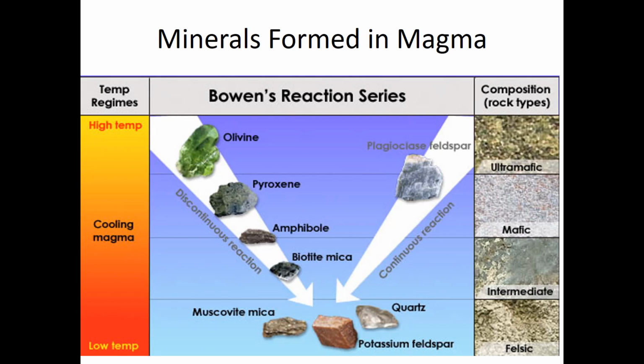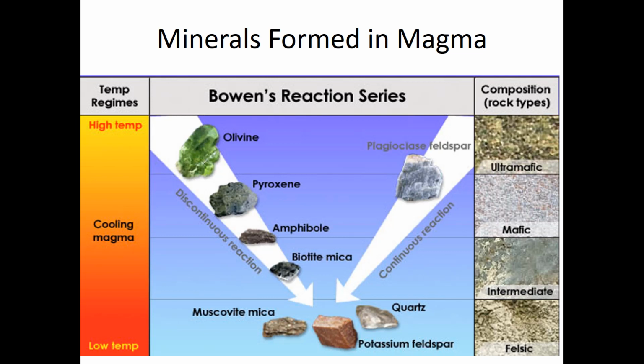And starting with mantle rock, you have minerals that crystallize at high temperatures, like olivine and plagioclase feldspar. And then as the magma cools and migrates and gets lighter, minerals with lower freezing points start to crystallize out until you get to quartz, which actually has a fairly low melting point.